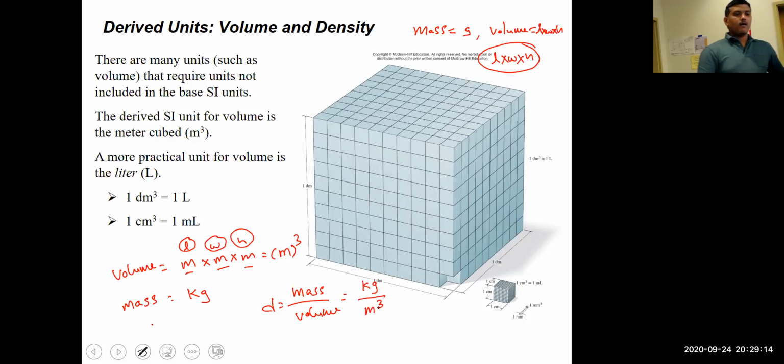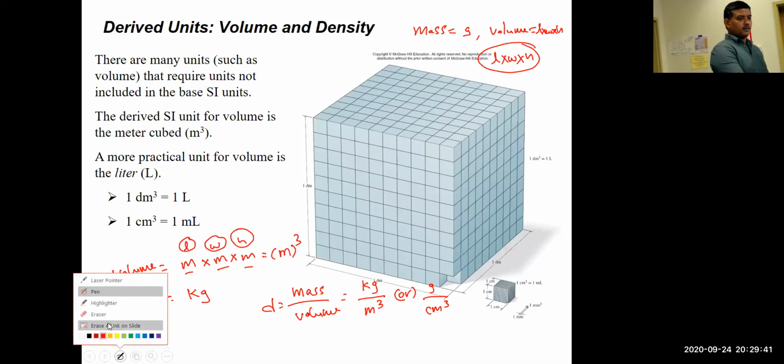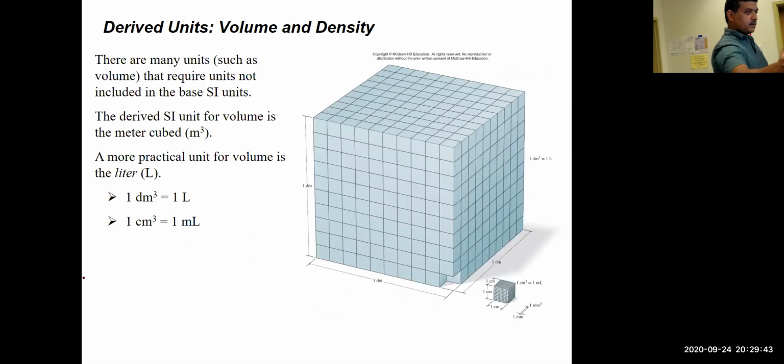That will be one type of common unit for density. Or to have the same magnitude but in smaller units, you can say grams over centimeter cubed. They are in a similar magnitude. We're going to look into different types of units in the next slide. Let's clear this and go to the next slide.